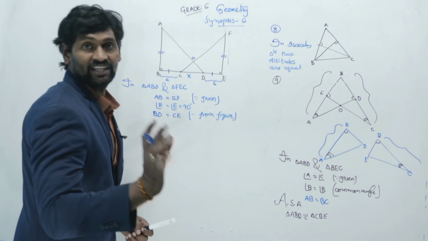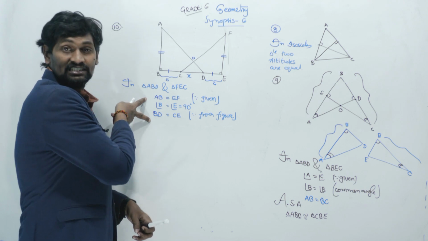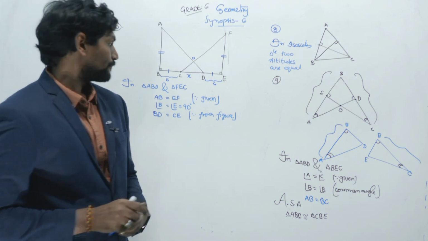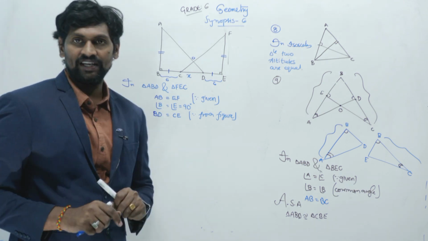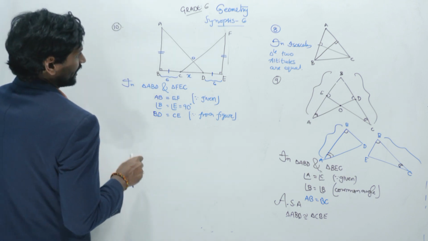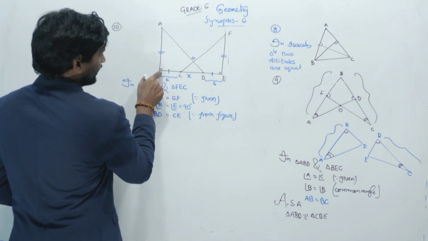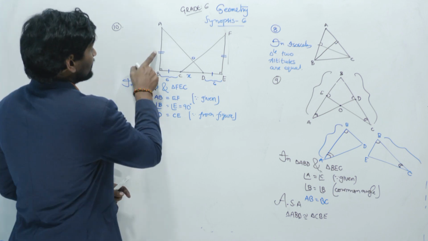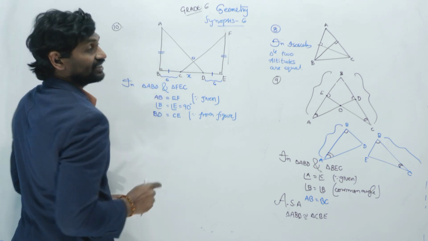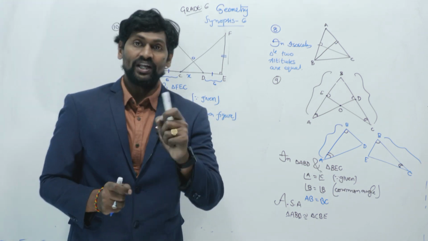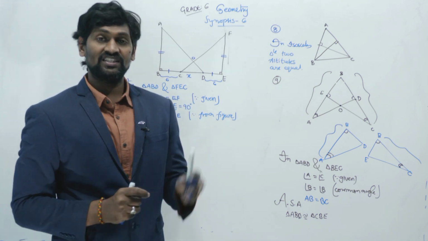So while observing, we see three measurements: two sides and one angle. That angle is the included angle, side, angle, side, so we can apply SAS congruence.